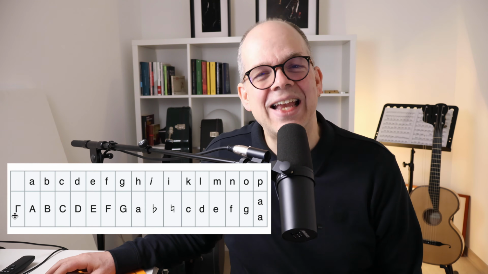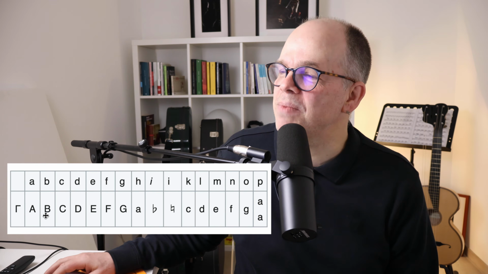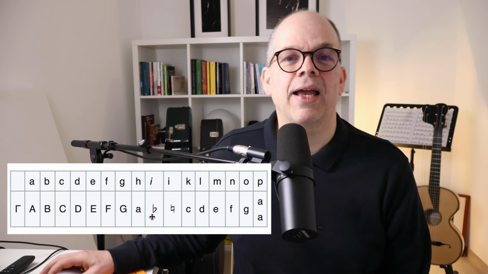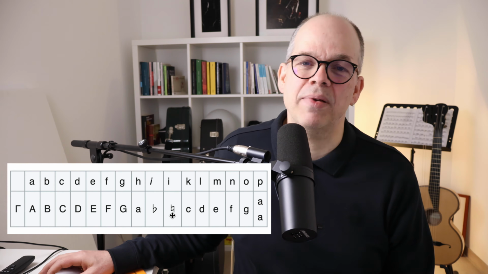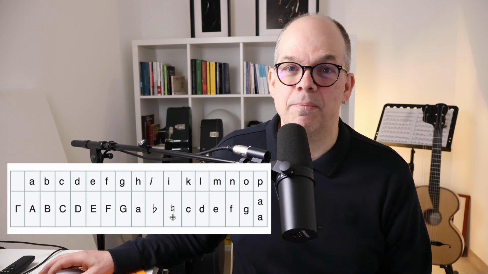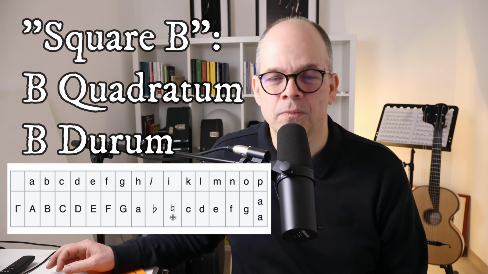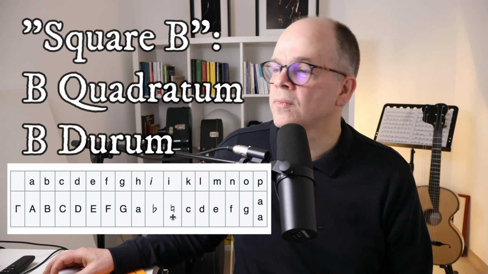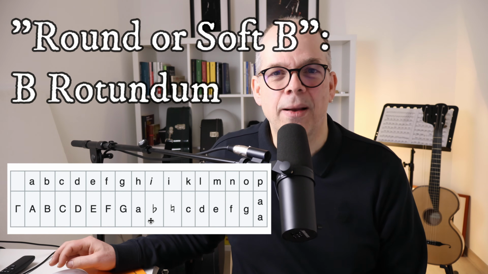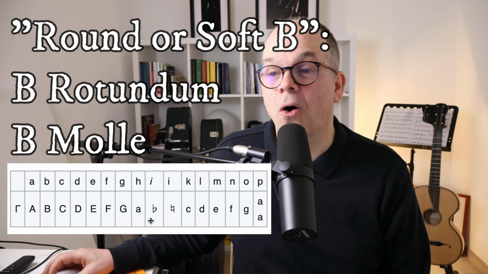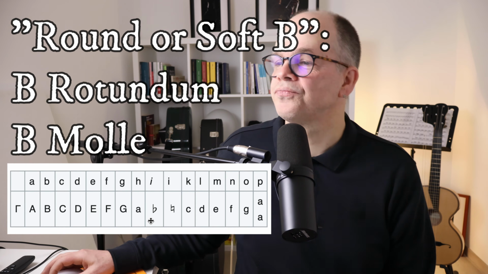Anyway, we have the gamma as the lowest note, then A, B, C, D, E, F, G, then A, and now B and B again, because this one is a B. It's a square B, a B quadratum, or B durum. Meanwhile, the other one is the B rotundum, the round B, or B moll, the soft B. So Guido and his time had two different and distinct Bs, the soft one and the hard one.